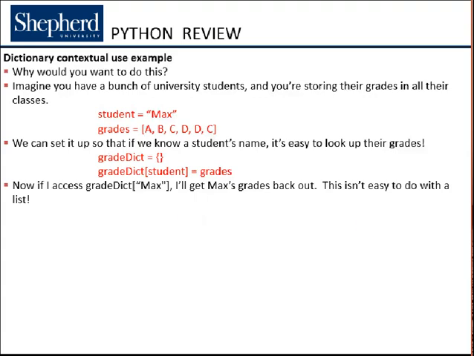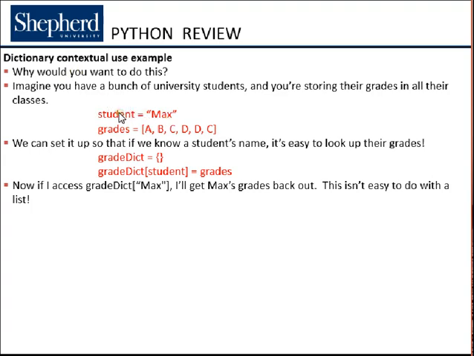So here's how we would use a dictionary in a real world type problem. Let's say we have a group of university students and we're storing their grades. So a student's grades for a semester will be a list of grades from each one of the courses they took. The student is going to have a name.